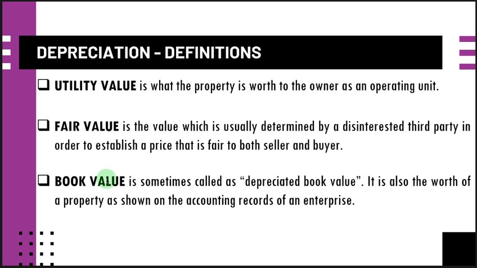We are going to get the book value, and actually this is denoted by this variable C subscript n, since our n is just the number of years in which the equipment or material is being utilized. And the book value is sometimes called the depreciated book value. And it is also the worth of a property as shown in the accounting records of an enterprise.